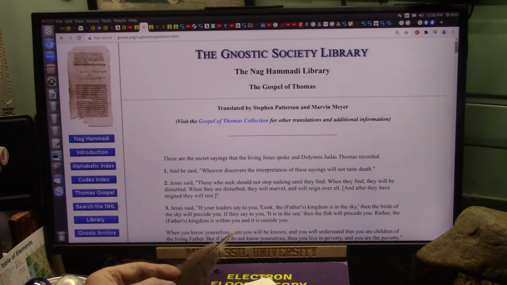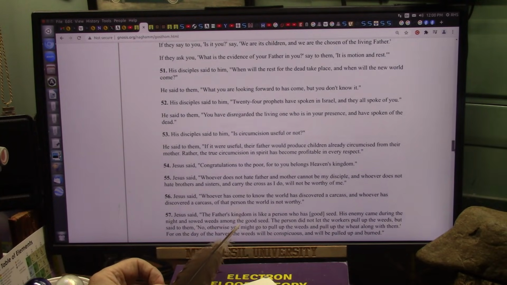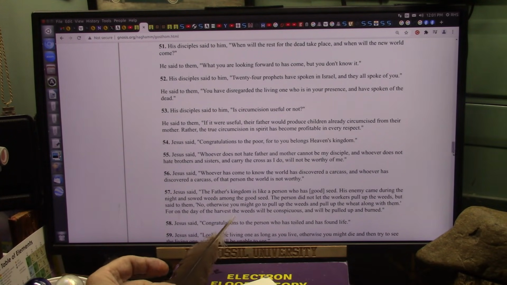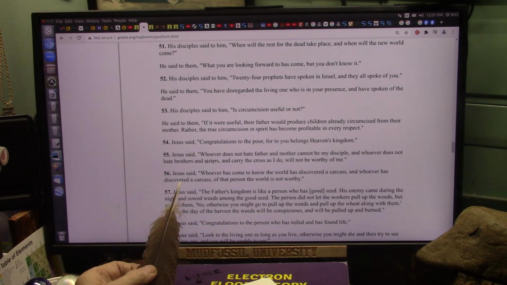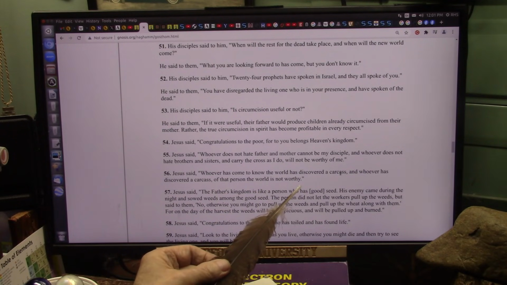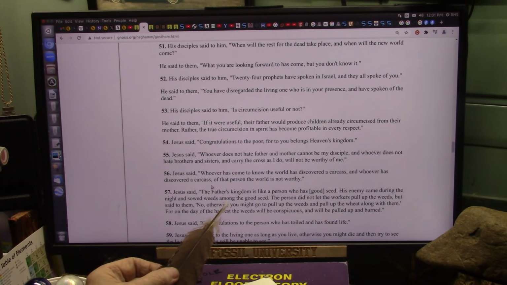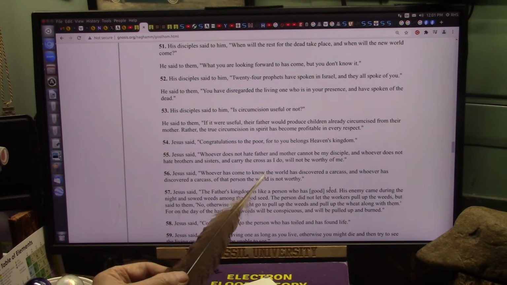And number 56 was also very interesting, because there are some people who cannot see what's right in front of their faces. Jesus said, whoever has come to know the world has discovered a carcass. And whoever has discovered a carcass of that person, the world is not worthy. That's not like one person.